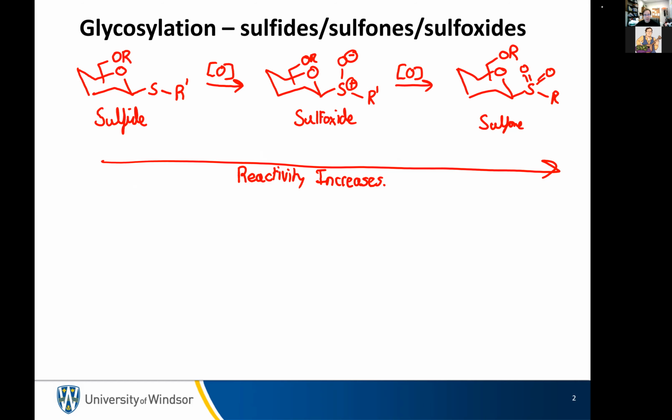So how do you get these things to react? Well, I think the pattern we're going to follow is how to make these different things, then how to use them, and where relevant, how to interconvert them, and then special things that happen with these different types of groups at the anomeric position, and how you can exploit that to get what you want.